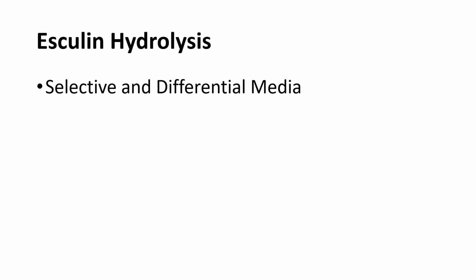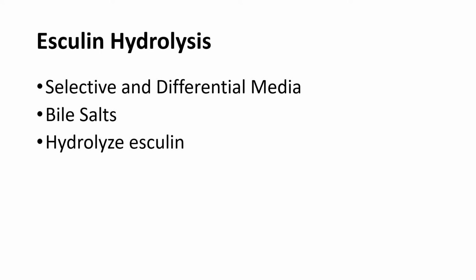The next test would have been Esculin Hydrolysis, and this is looking at the bacteria's ability to break down esculin. For this, the media you would have used is called bile esculin agar, and it is selective and differential. It is selective because it contains bile salts, which will inhibit the growth of certain types of bacteria, and it is differential in order to identify the ability to hydrolyze esculin.